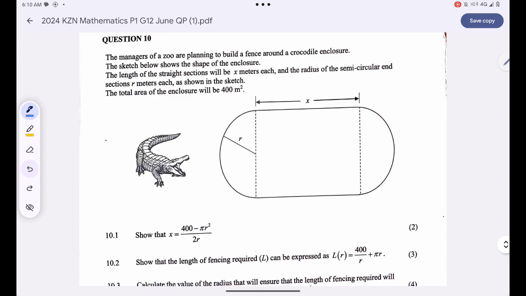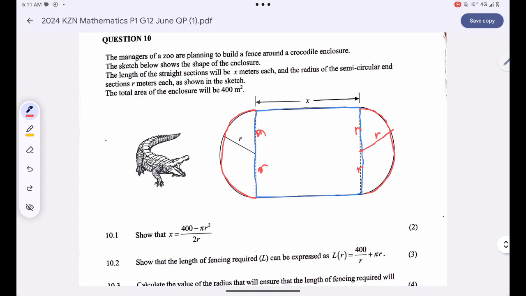Okay, what do we know? I have a rectangular shape over there, and I have two semicircular ends, and I was told that the distance from the center to the circumference is r. That means I also have r over there, and r over there, and also r over there.